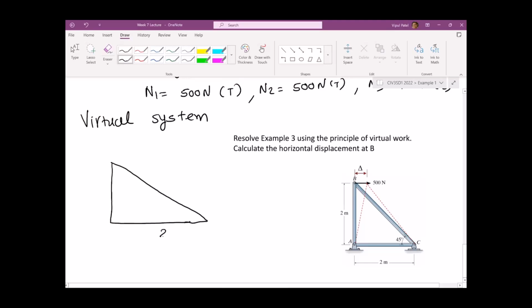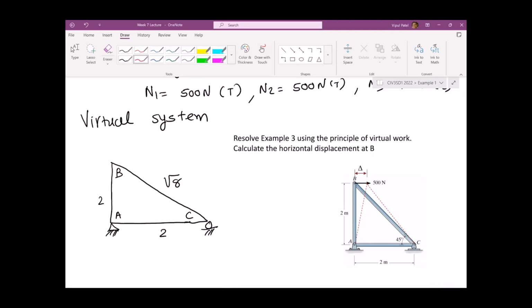This is the same truss, 2 meters, 2 meters, square root 8. It is A, B, and C. Sorry, B was here. B and C. And we're going to draw the pin support and roller support, same.